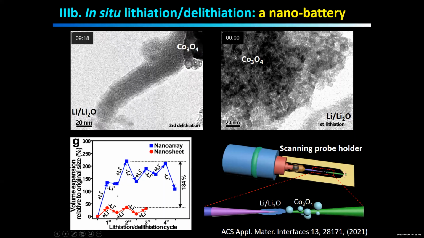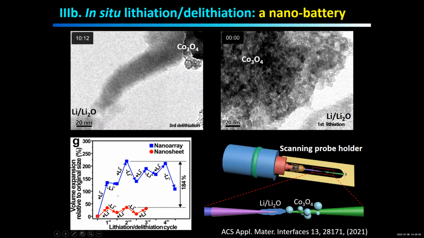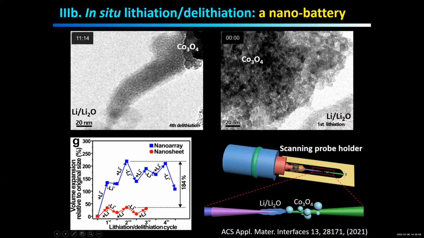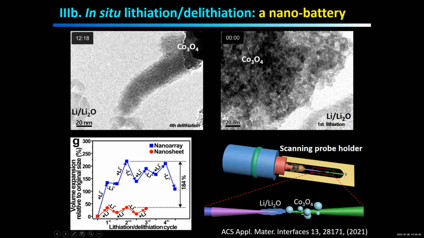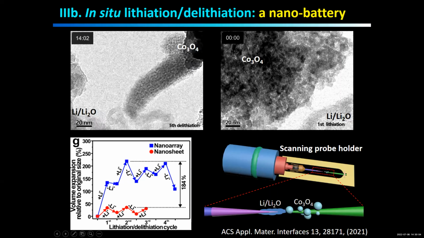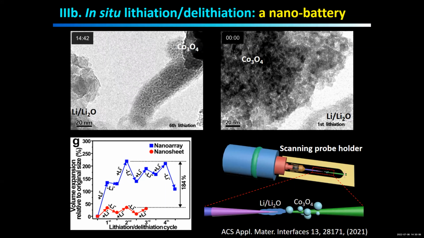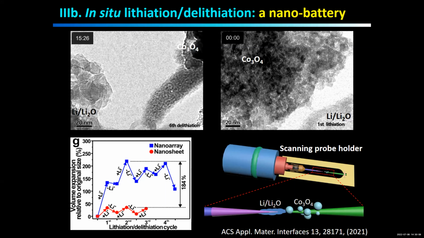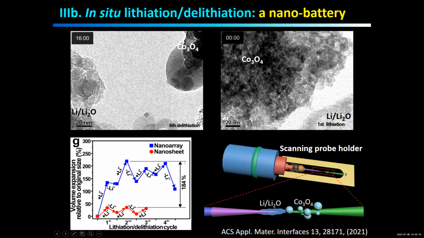So we can quantitatively measure this volume change as shown in this blue curve. We can see the volume expansion can be as large as 200%, which is quite big. So this big volume expansion eventually leads to the failure of this material, which explains its instability during the cycling.